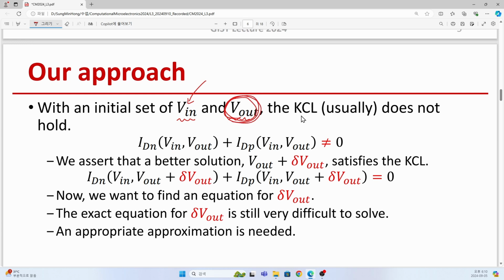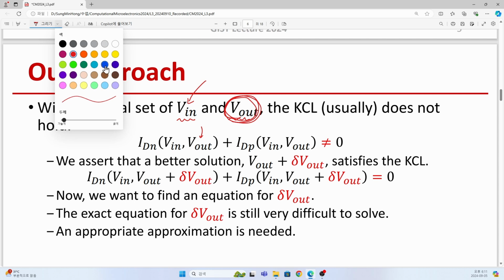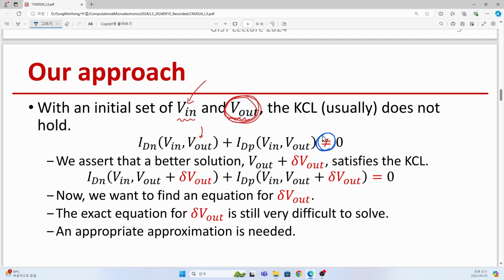Then the KCL, Kirchhoff's current law, usually does not hold. So if you are quite lucky, then you can find the solution in your first trial. However, in the general case, maybe your V out is not close enough to the real solution. So I guess that maybe your first trial was not that successful.